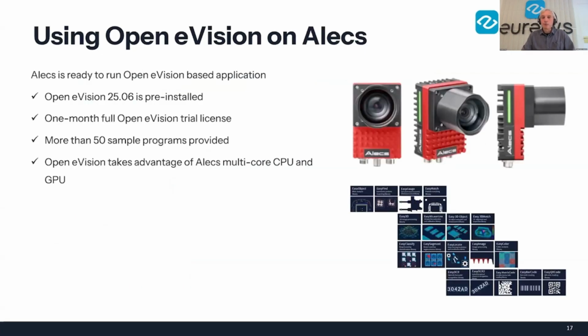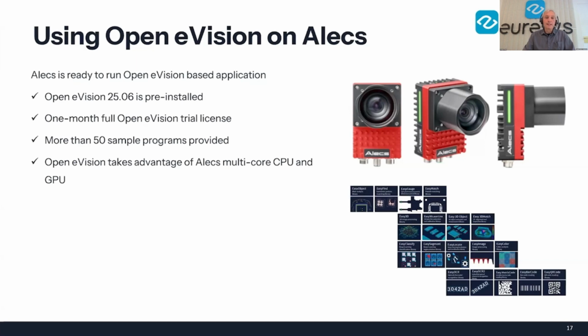But there is more, and that's why I think it's really interesting: Alex is ready to run Open eVision out of the box, because Open eVision 25.6 is pre-installed on Alex. So you get the libraries already installed on Alex. And there is a trial license that is also installed on the Alex smart device. So you get a full month of free licenses.